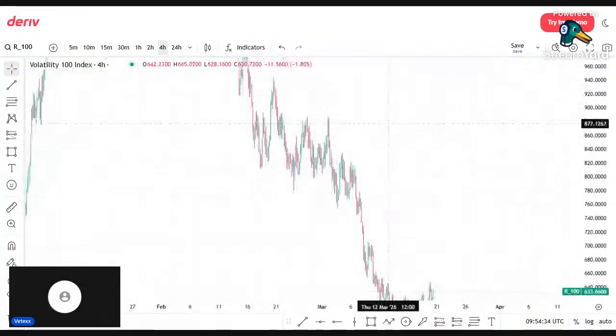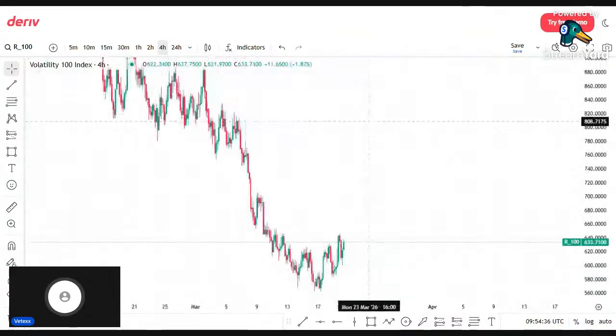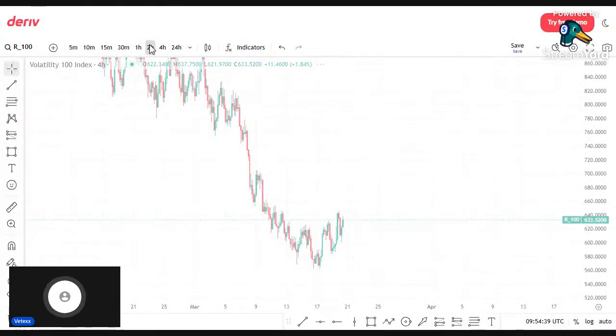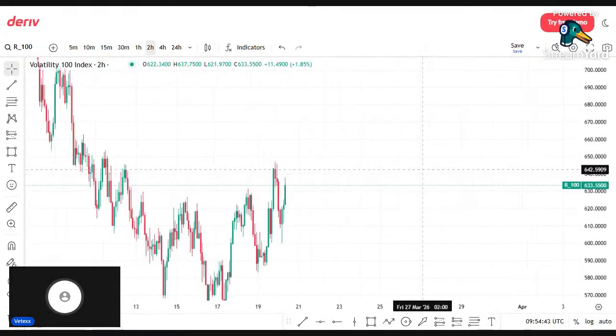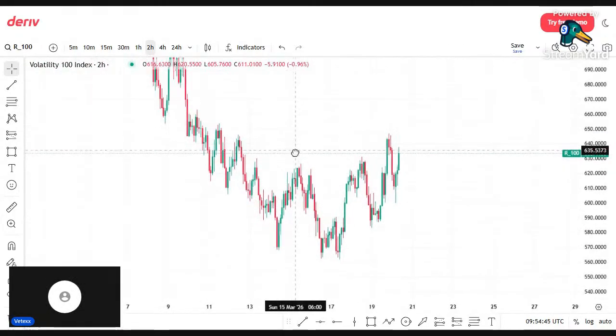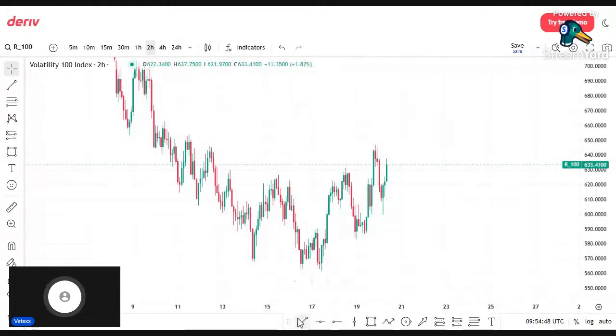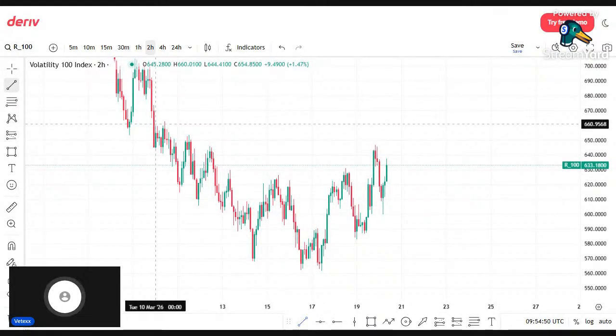Scaling down to the 4-hour time frame, do we have any other setup that we'll be looking out for? Currently, we don't have anything on the 4-hour time frame. So we'll go to the 2-hour time frame to see if we find something tangible. On the 2-hour time frame, what do we have? Okay, we have a sweep of liquidity, which is this.